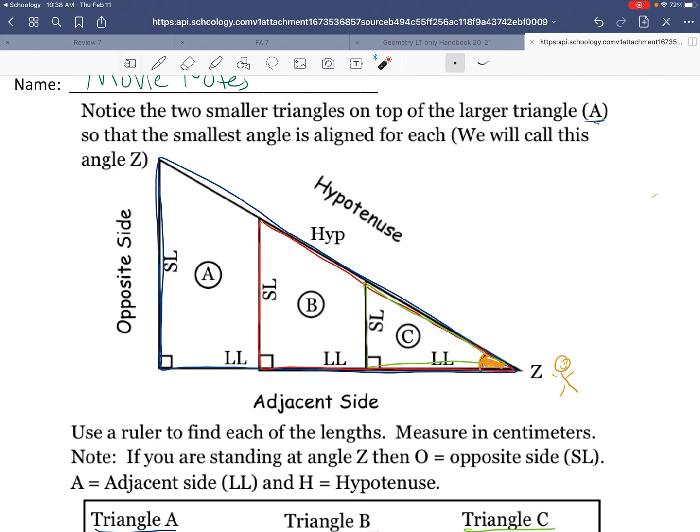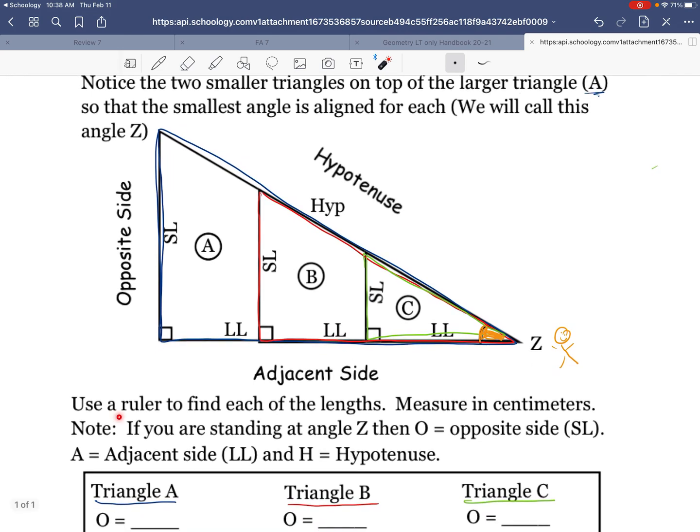What I want you to do now that you kind of understand this diagram with the three triangles sitting on top of each other, the fact that we're going to be standing here at Z, we've got opposite sides and adjacent sides. The first thing I want you to do is to use a ruler to find each of the lengths. So I want you to measure in centimeters.